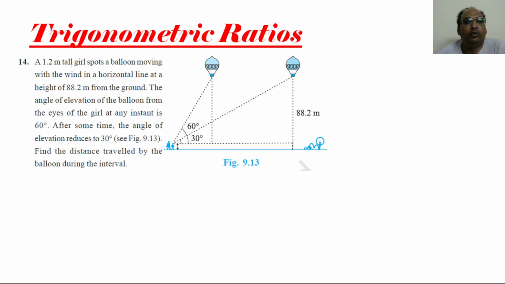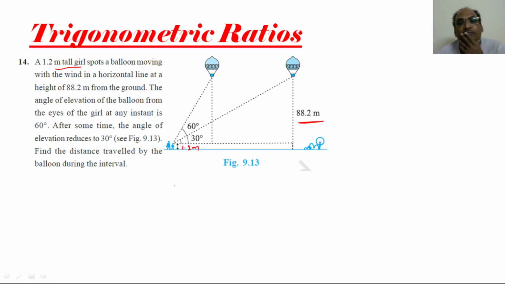So next question, question number 14. A 1.2 meter tall girl spots a balloon moving with the wind in a horizontal line at a height of 88.2 meter from the ground. So this height is 88.2 meter and it is also given that this height is 1.2 meter.